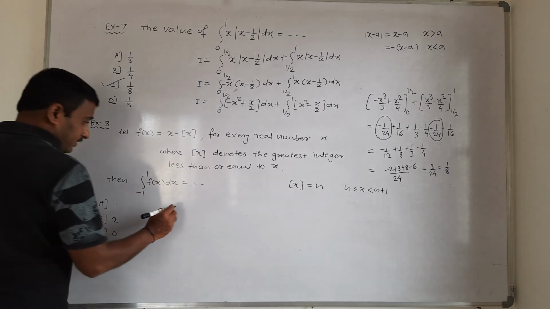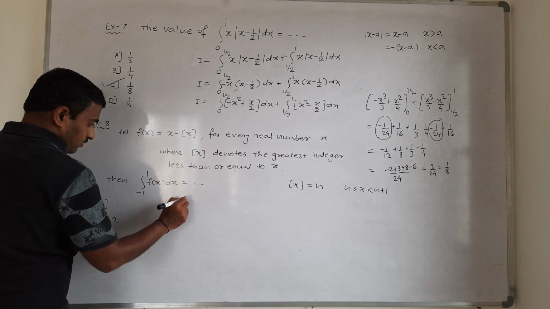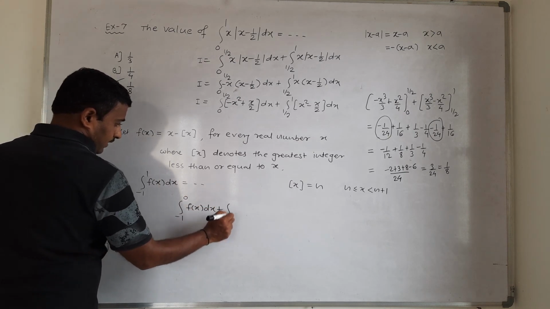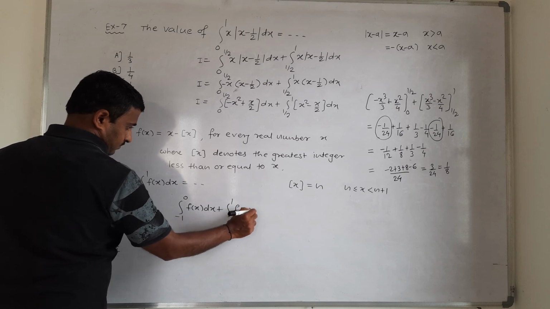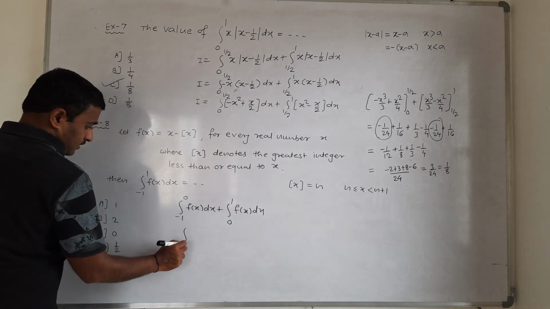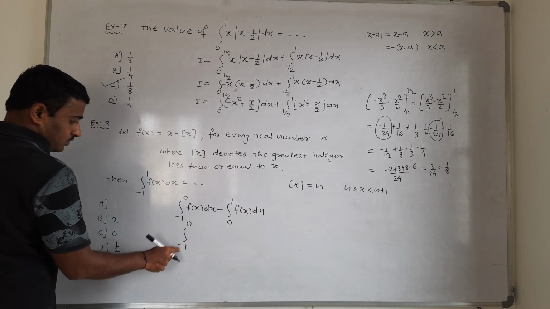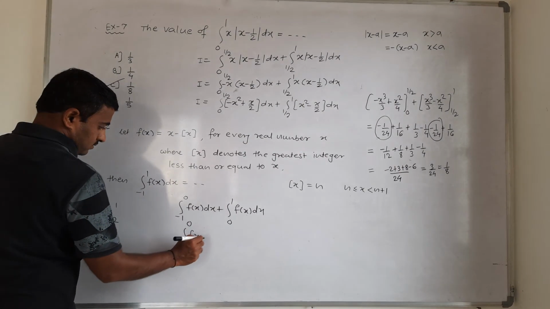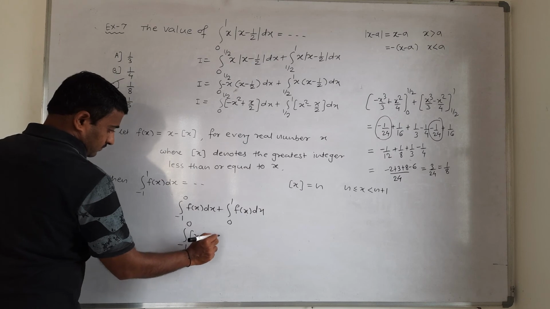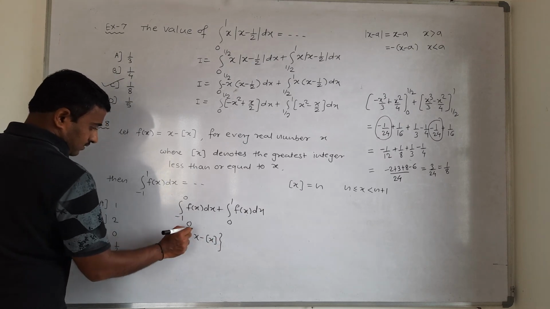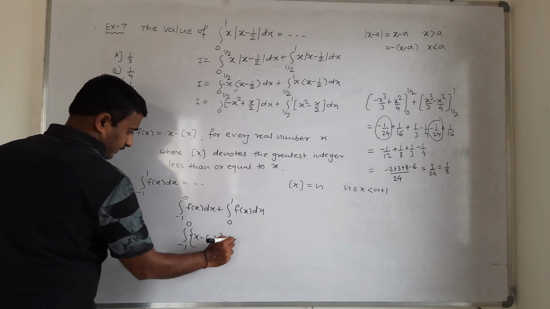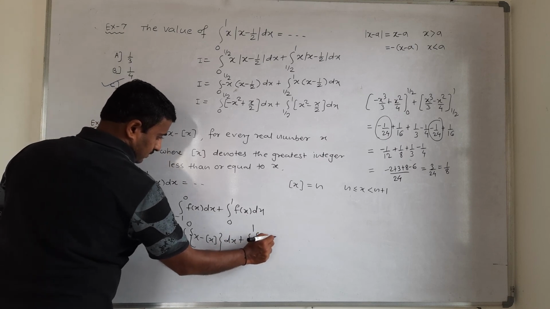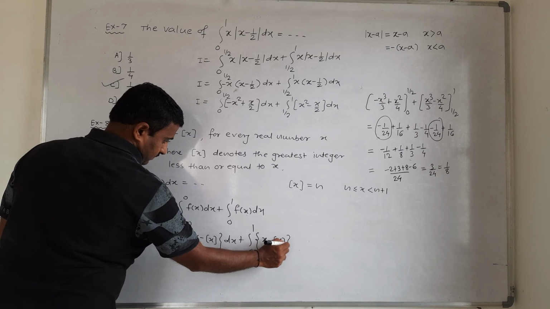Now I split this first: minus 1 to 0 f of x dx plus 0 to 1 f of x dx. Now minus 1 to 0, the range starts with minus 1 up to 0. f of x is x minus greatest integer x, dx, plus 0 to 1, again x minus greatest integer x.